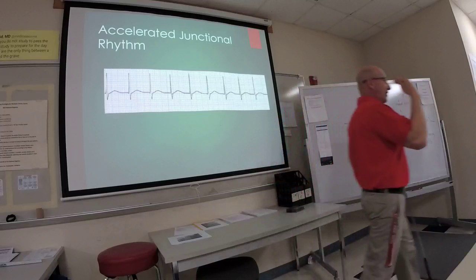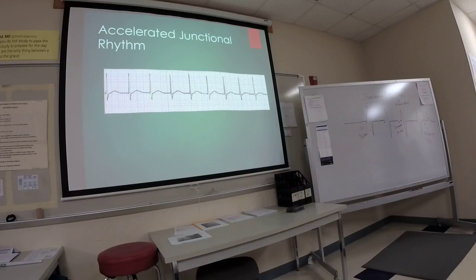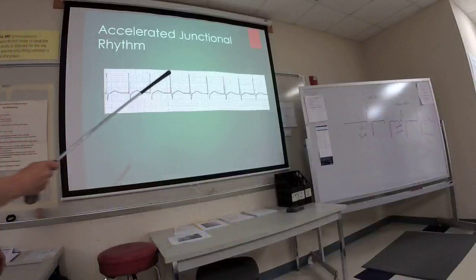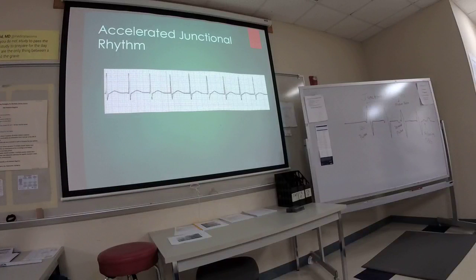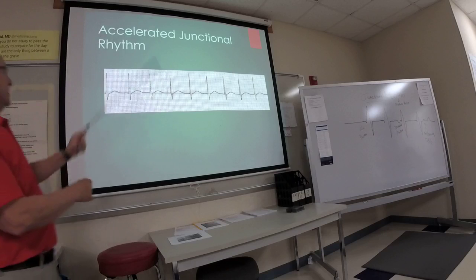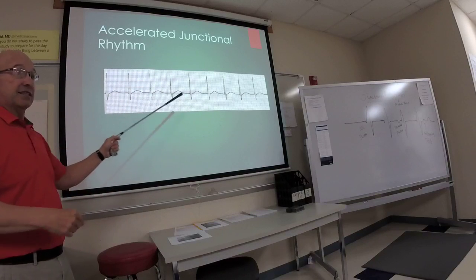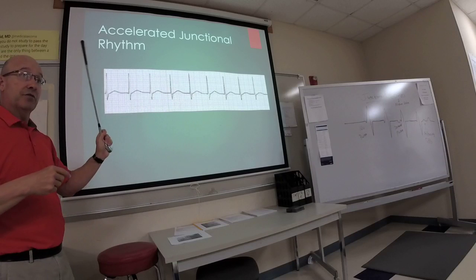So you can easily identify that rate, because if you use the systematic rules for interpretation, there's QRS complexes. Oh wait, there's no P waves. Once there's no P waves, there's only one rhythm that it is. It's junctional. Okay? Then you have to get the rate to see if it's an accelerated junctional. If it's greater than 60, it's accelerated.